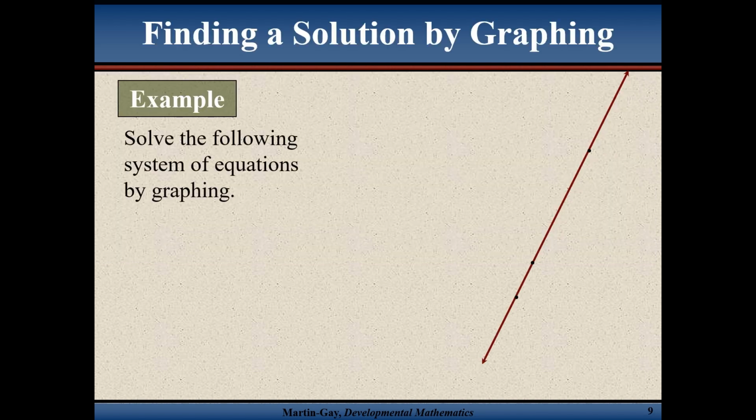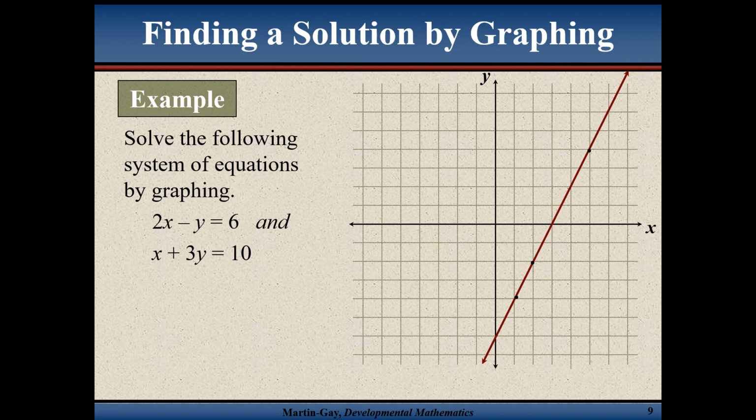So solve the following system of equations: 2x minus y equals 6 and x plus 3y equals 10. First, graph 2x minus y equals 6.